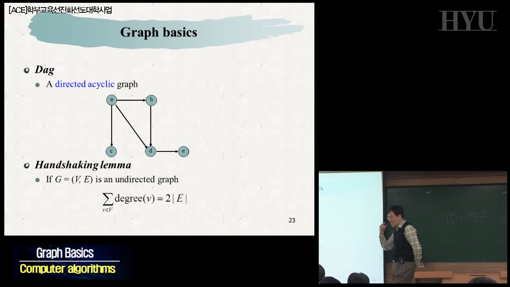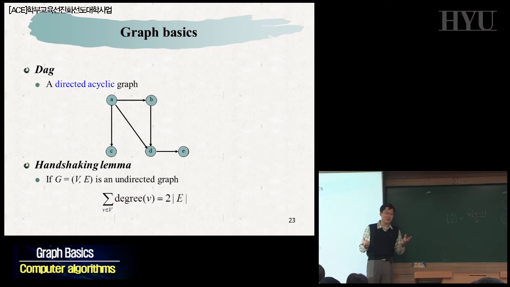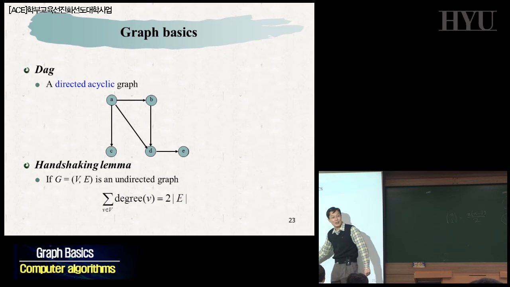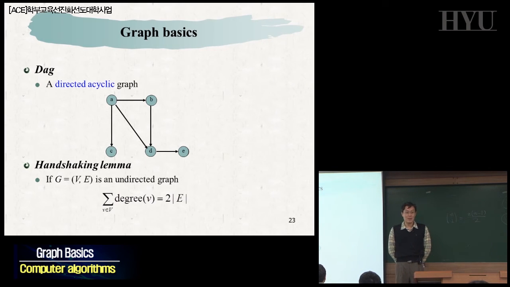In this case, because it is undirected, there are no in or out degrees. One edge contributes 2 degrees. So if there is an edge, the degrees of 2 vertices are increased by 1. So if we add all the degrees of vertices, it is the same as twice the number of edges. Okay?